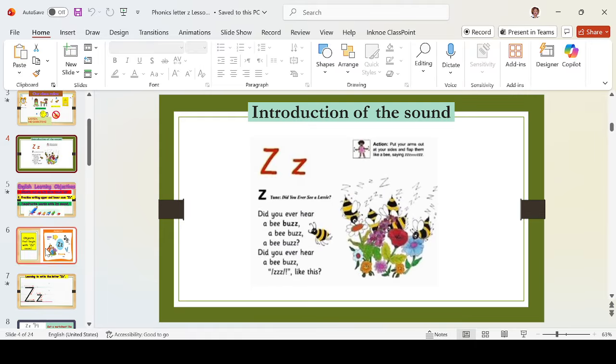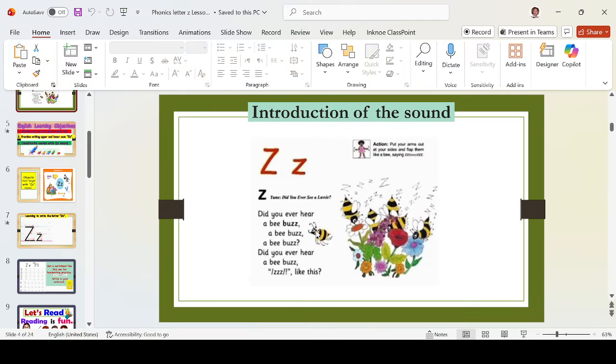Okay, so today our letter sound is Z. We are going to learn about the letter Z, and the sound also is Z. Okay, I think this one is the easiest of all.